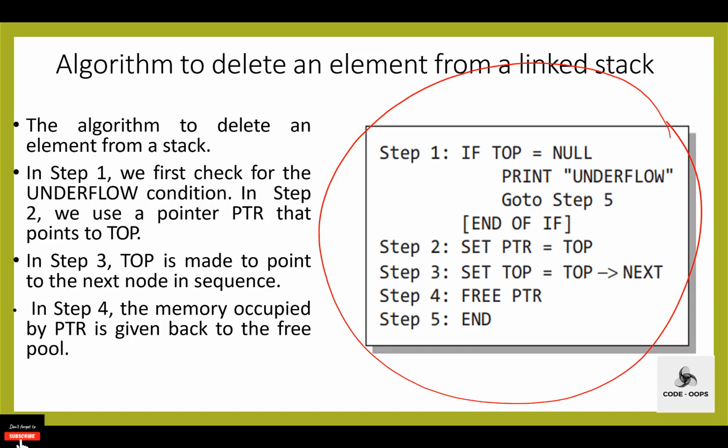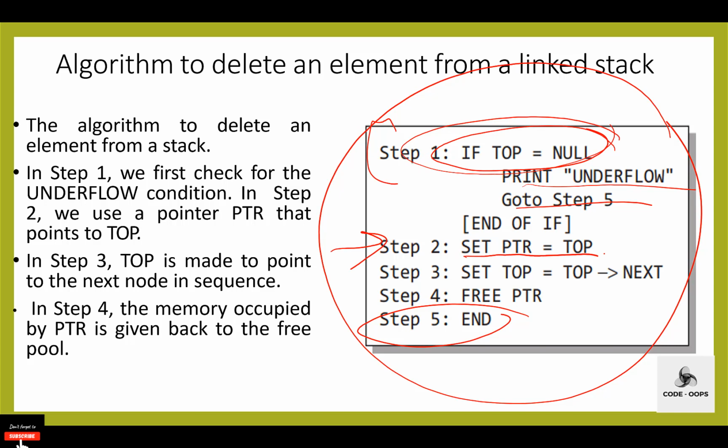In step 1, we first check for the underflow condition. If top is equal to null, that means the stack is empty. Then print the message underflow and go to step 5. If this condition is evaluated to be false, then step 2 is to be executed.